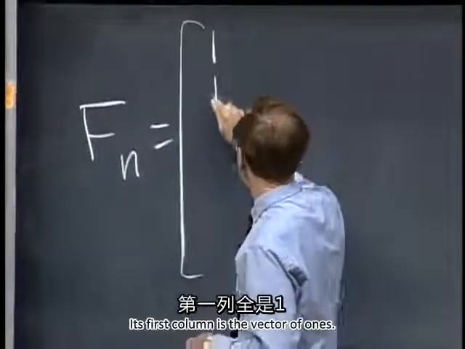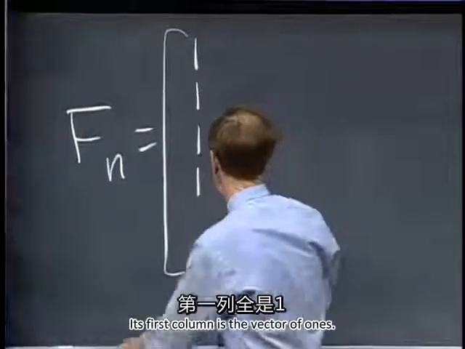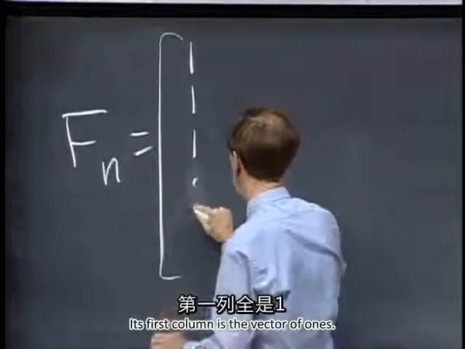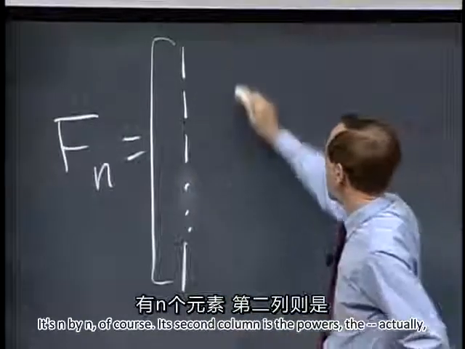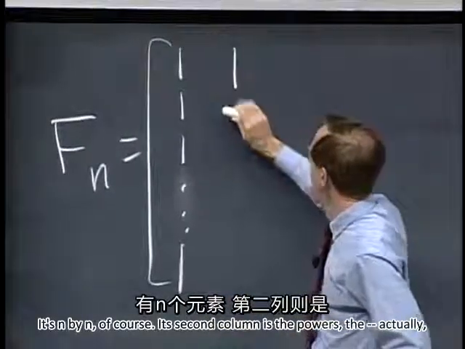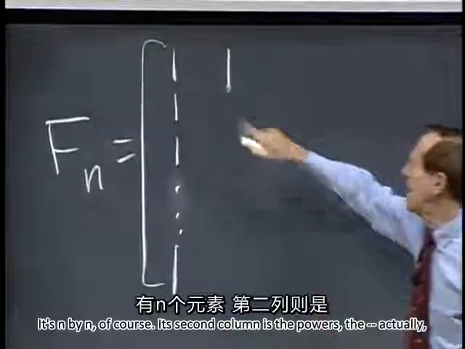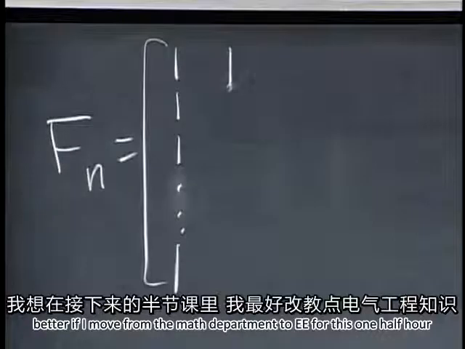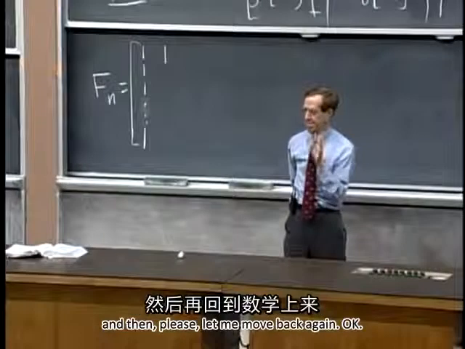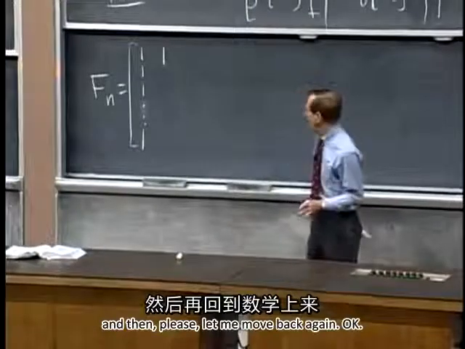Its first column is the vector of 1s. It's n by n, of course. Its second column is the powers. Actually, better if I move from the math department to EE for this half hour, and then please let me move back again.